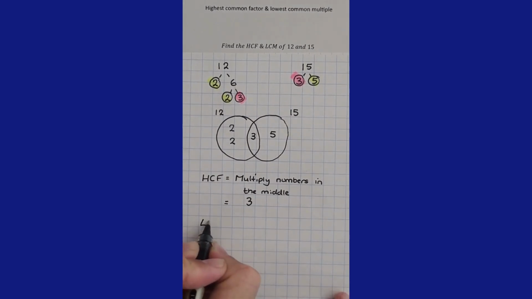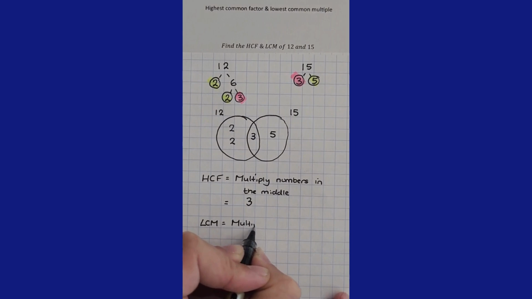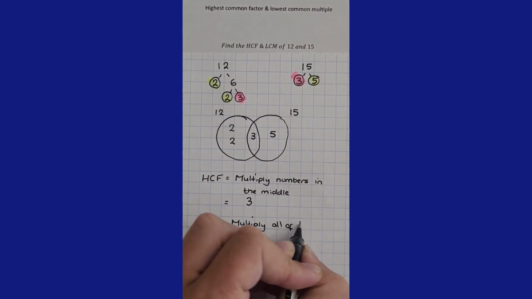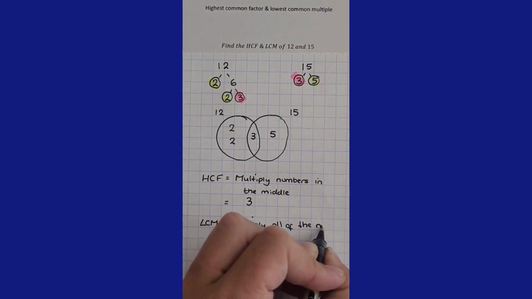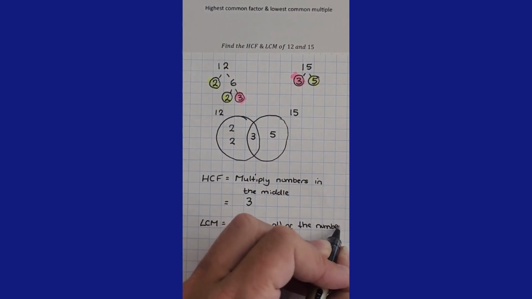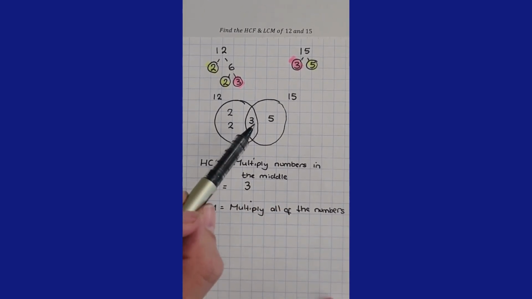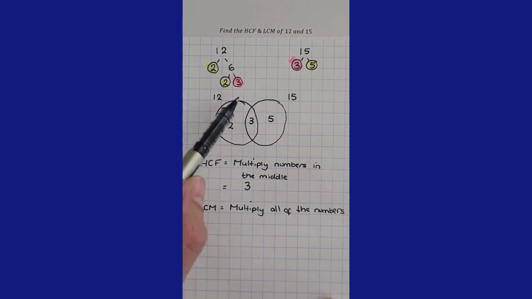And if we think about lowest common multiple, for this one, what we do is we multiply all of the numbers in the Venn diagram. So we're going to multiply them all. Now, sometimes you can ask, well, why do the Venn diagram if we're going to multiply all the numbers? Well, actually, if you look, the reason we put 3 in the middle is because we don't need 2 of them because it's shared by both.